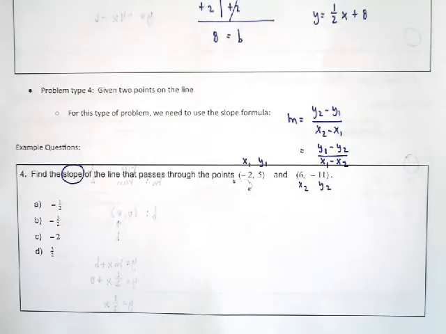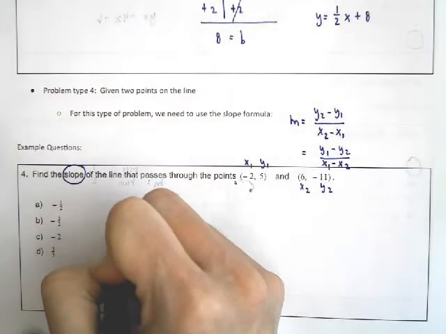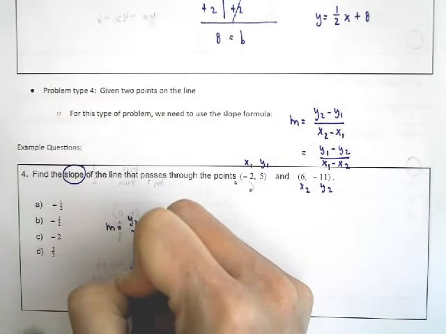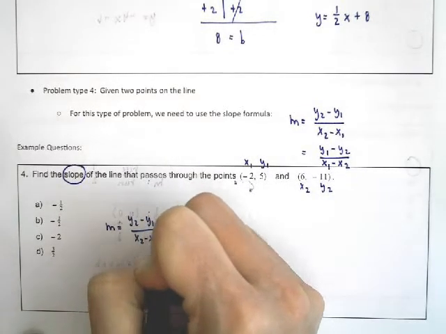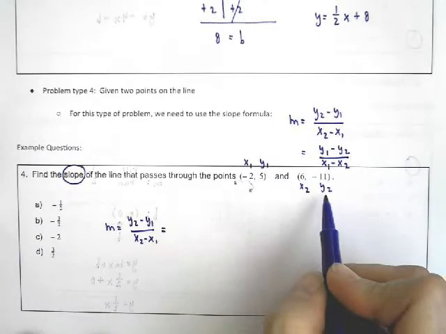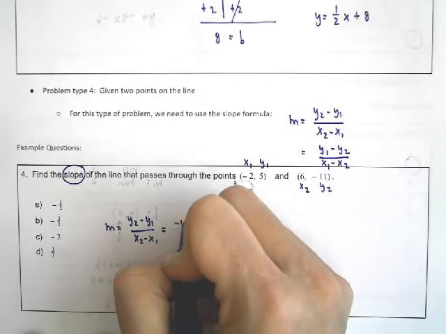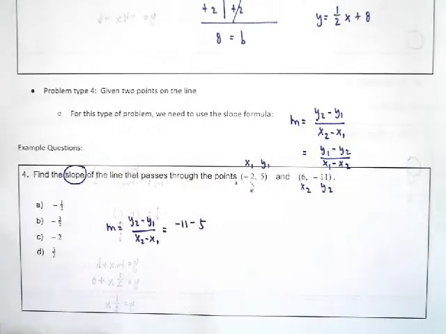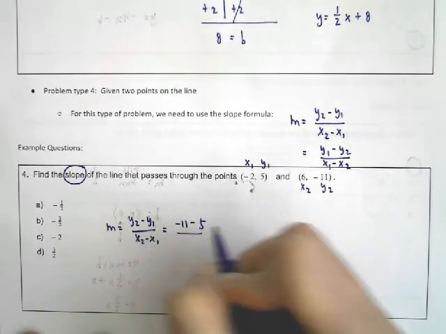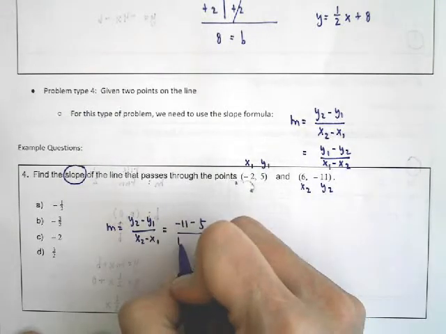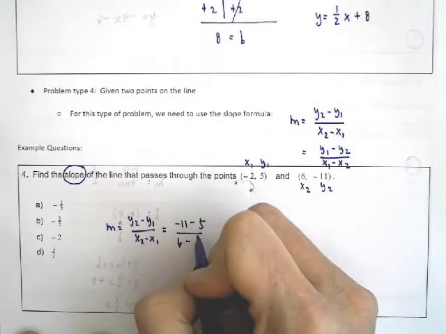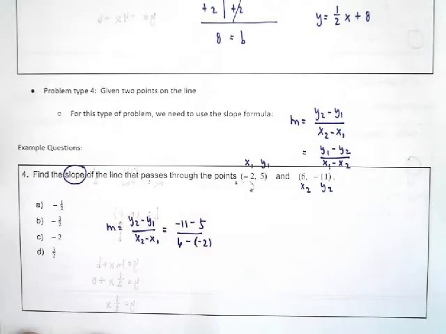So the first thing I need to do is use my slope formula, y2 minus y1 over x2 minus x1, and I'm going to substitute in. So y2 I said was negative 11, minus y1, so minus 5, over x2 is 6, minus, now here I have to be careful, x1 is a negative 2, so I have 6 minus a negative 2.